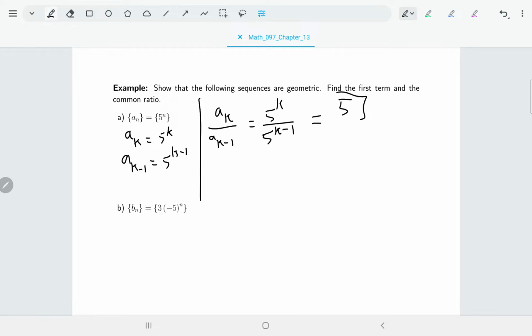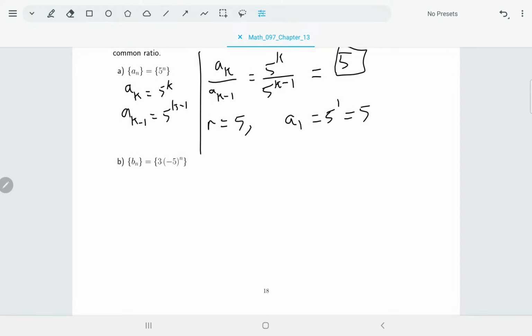And so, yes, that is definitely a constant. So, hooray, we know that the common ratio is 5. And we can say that the first term, a1, should be 5 to the 1, which is also 5. So it starts with 5, and every time we go up by multiplying by 5. So the sequence would be 5, 25, 125, and so on.